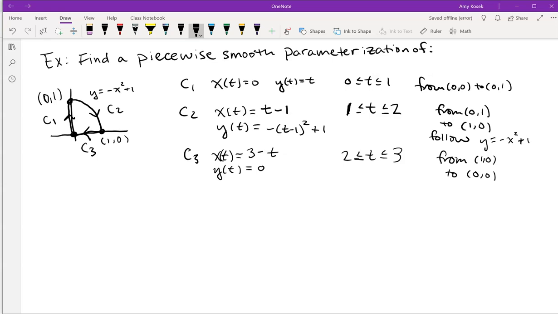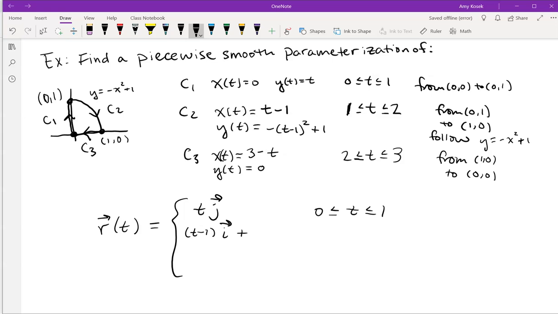So then we can have our r of t being a piecewise function, where again, let's put it in terms of i and j. For curve 1, there is no x component, it's 0, and then we would have t times j. That one was for t from 0 to 1. And then my next one, I've got t minus 1 times i. Oops, let's write it correctly.